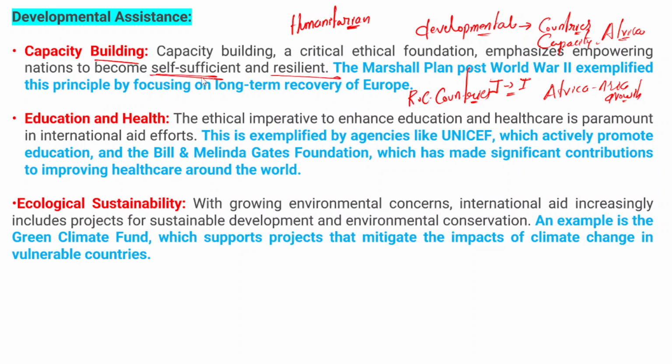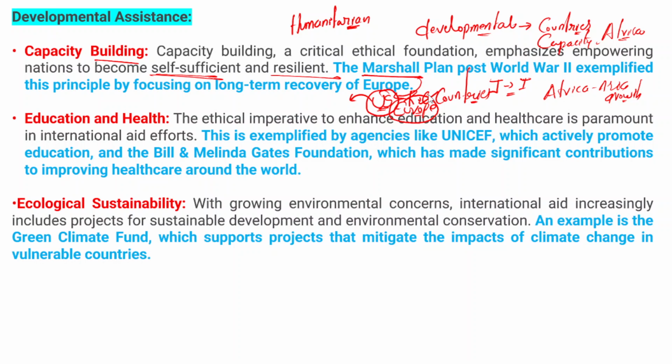You can mention the Asia-Africa Growth Corridor where India and Japan have been collaborating. You can also write about the Marshall Plan. The Marshall Plan was initiated by the US for the development of Europe post World War II, particularly for the capacity building of the entire European region.